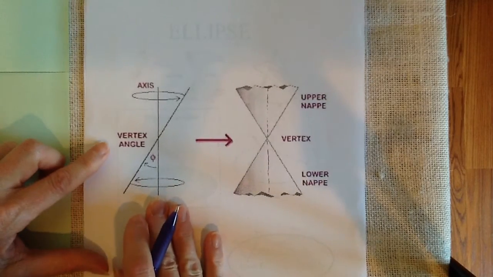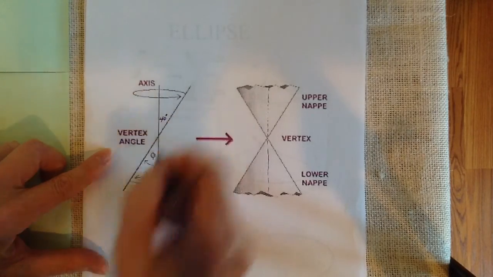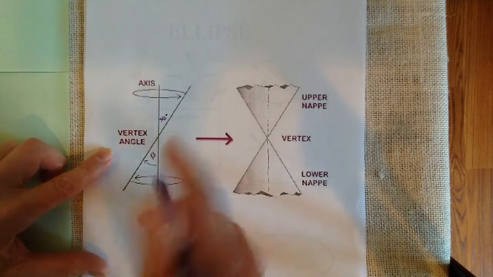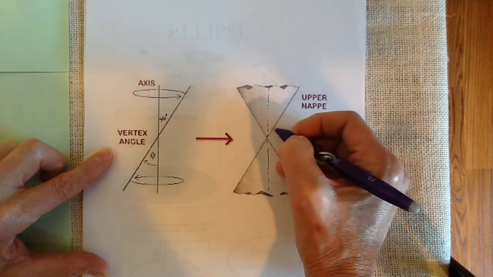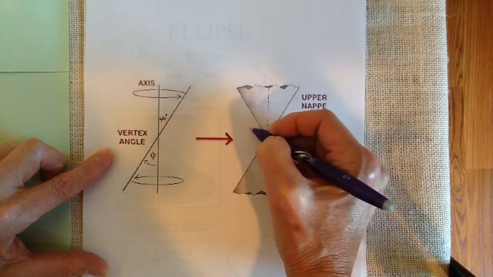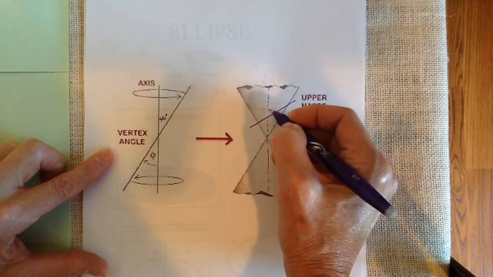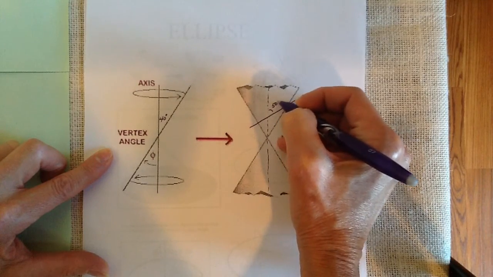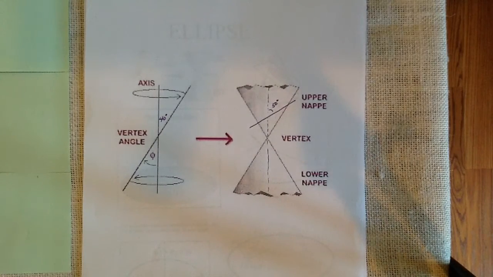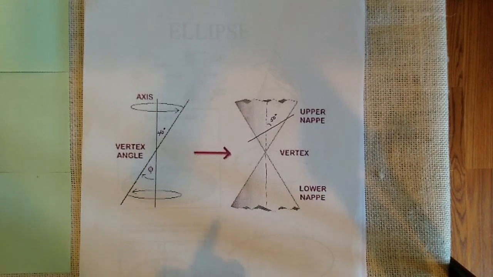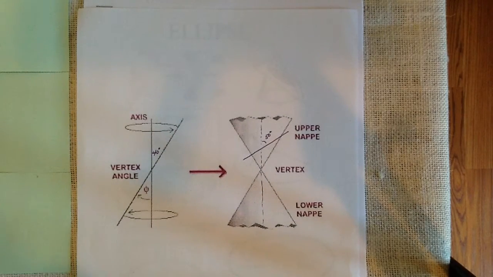So, for example, if this angle were, let's just say, 40 degrees, and I intersected this cone with a plane at an angle greater than 40 degrees, let's say 50 degrees, the intersection of the cone and the plane would then form an ellipse. And hopefully we've looked at some of the animations and some of the videos. If not, I will be assigning them.